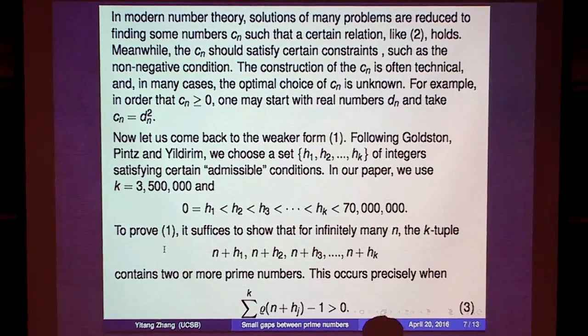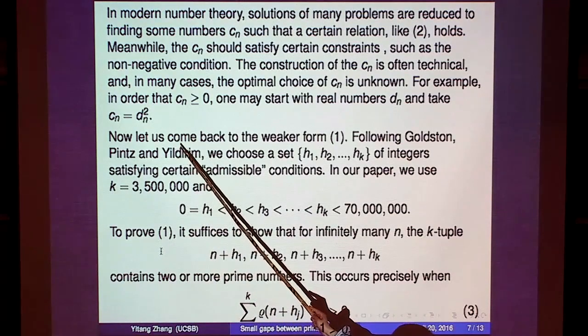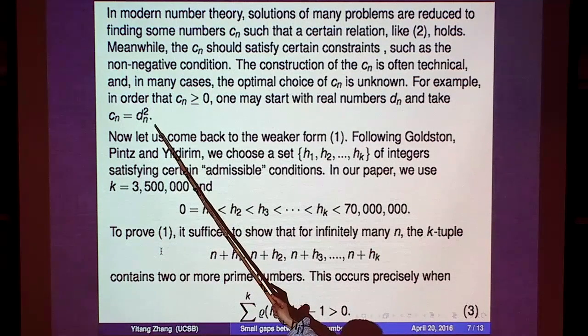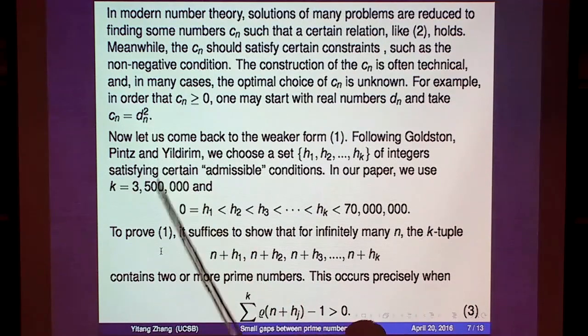The square of a real number naturally satisfies the non-negative condition. This idea we still follow till now. But we may also ask, is this the best choice? Do we have something better than this? What I can say is only that it's possible, but I don't know how to choose that.